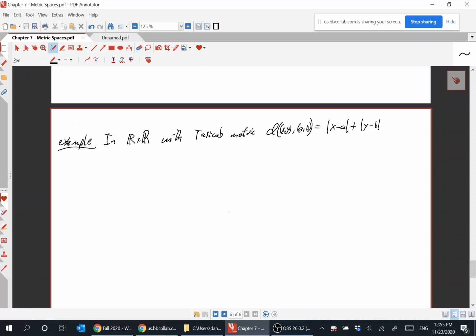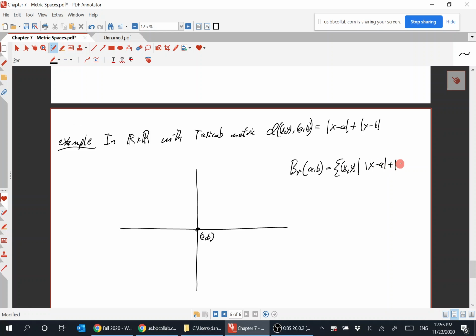Would that make a 4-point star? Yeah, right. So it looks like this. So let's give it an x-y axis, but we'll center it at a, b. Right, so the ball of radius r around a, b is the set of all x, y such that absolute value of x minus a plus absolute value of y minus b is less than r.